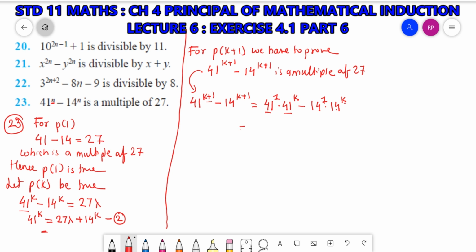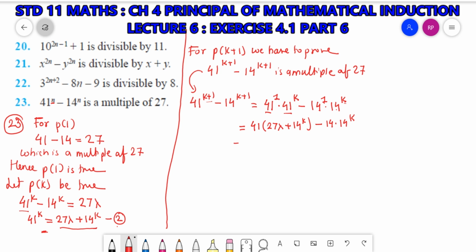So now instead of 41 raised to k, I will use this 27 lambda plus 14 raised to k from equation 2. So 41 raised to 1, that is 41, into 27 lambda plus 14 raised to k, minus 14 raised to 1, 14 into 14 raised to k.